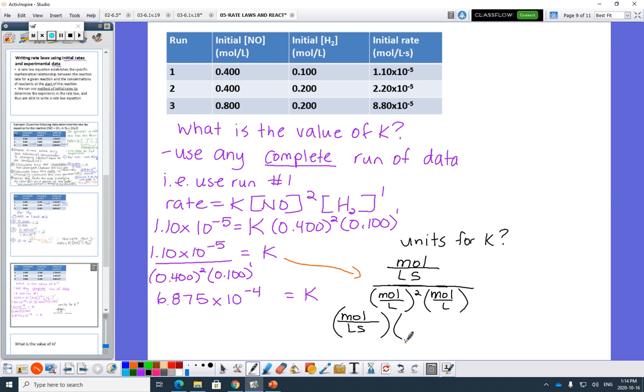But this is like moles squared, liters squared, times moles per liter. So that makes it, if this was x squared and x, you would add the exponents, right? So you have to remember your grade 9 exponent laws.